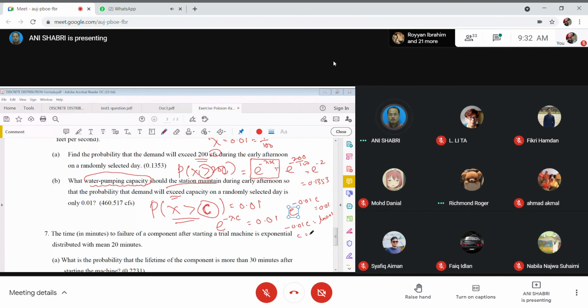Okay, C is equal to... Try to calculate ln 0.01. What is the value of ln 0.01? Negative 4.6051.